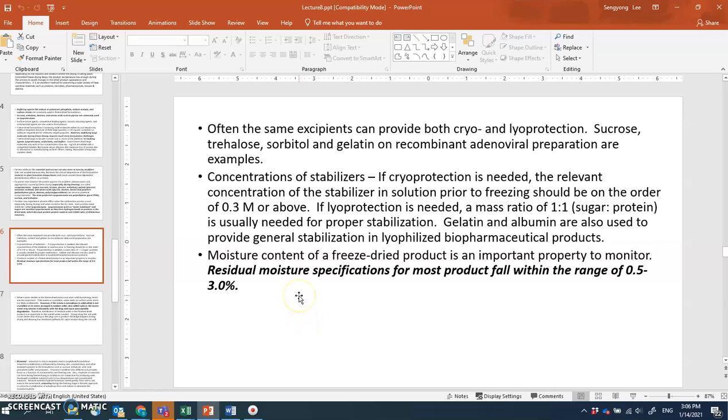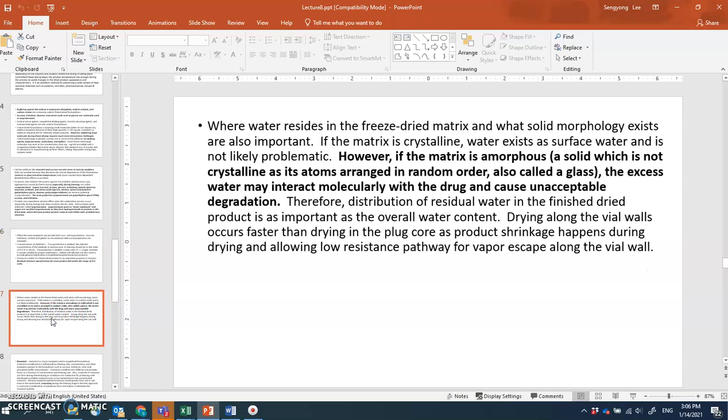You can still have some moisture in there. It's not 100% dried. And where water resides in the freeze-drying matrix and what solid morphology exists are very important. So we'll talk about that again in the freeze drying lecture.